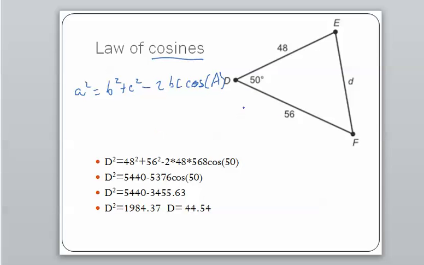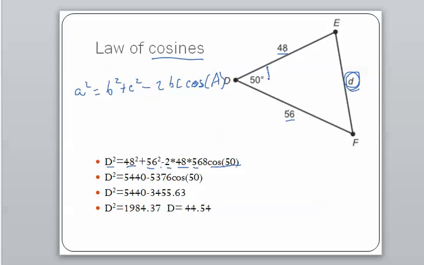Look, what we're going to try is to find this distance right over here, d. To do that, I'm going to take these two sides, 48 and 56, and say d squared is equal to 48 squared plus 56 squared minus 2 times 48 times 56, same two numbers, cosine of 50.